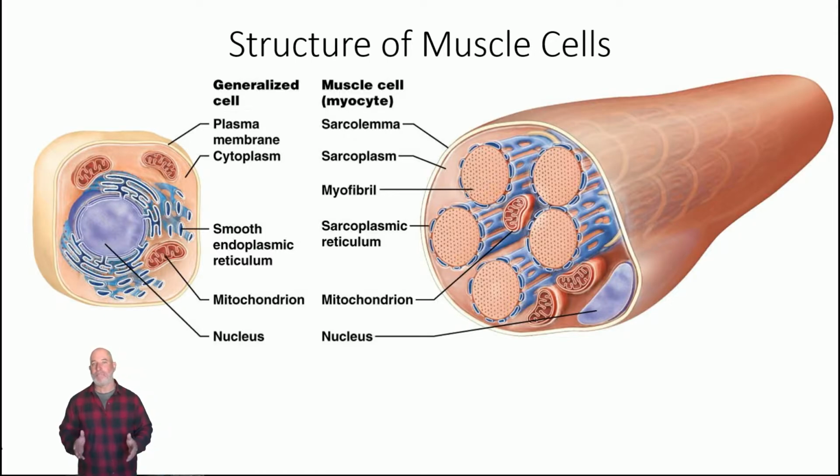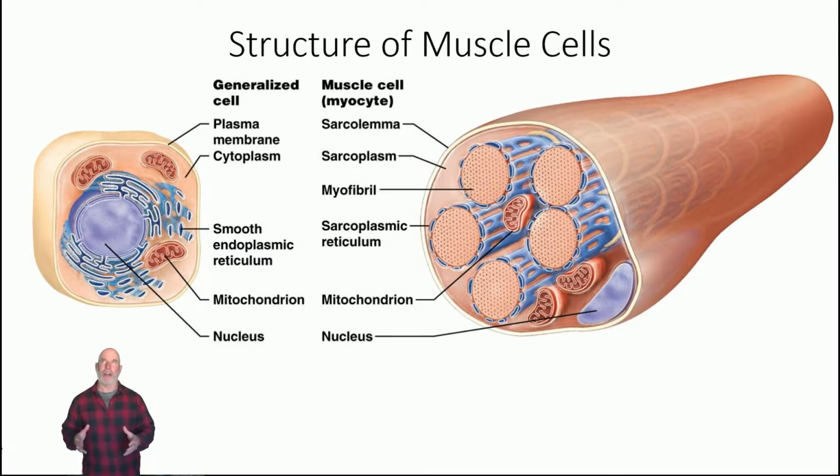Now, when we get to a muscle cell, we call that the sarcolemma, which has to do with sarco meaning flesh, lemma being a circular structure around it. So instead of saying the plasma membrane, we're going to refer to the cellular membrane of a muscle cell as the sarcolemma, okay? You also have, instead of cytoplasm, the sarcoplasm.